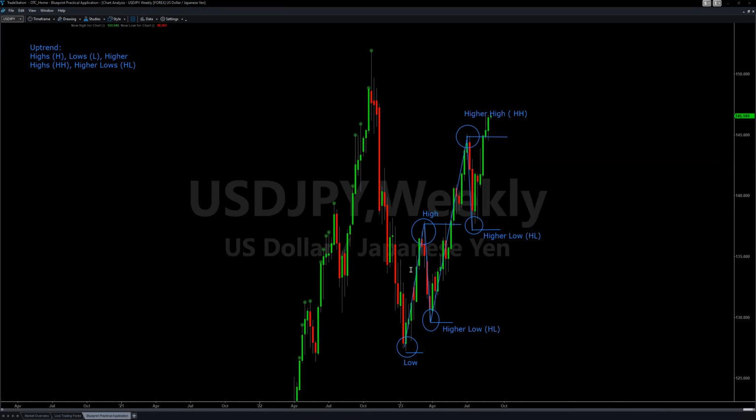We have a low, high, higher low, higher high, higher low. That is uptrend. The higher lows and the higher highs. A little bit different here. Draw color yellow. And look, I extended the line always, from the pivots to the right.